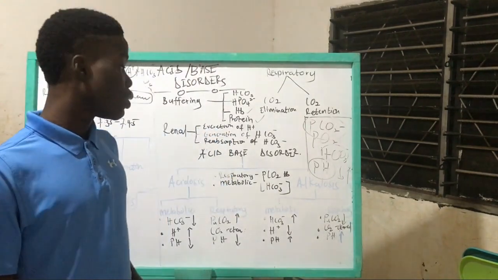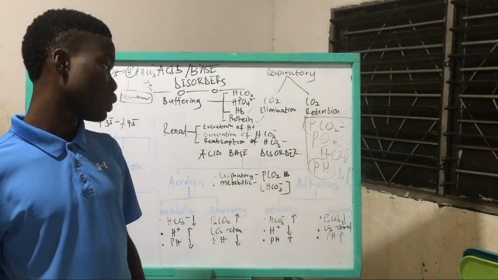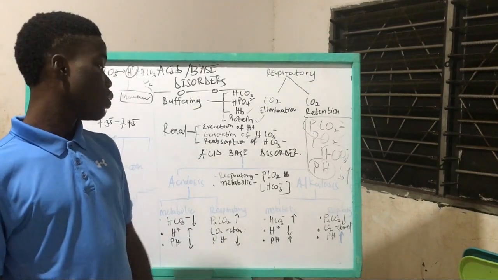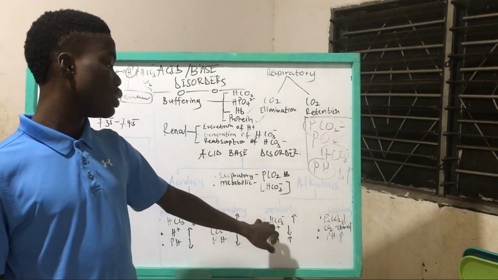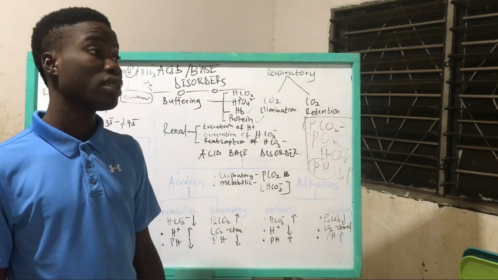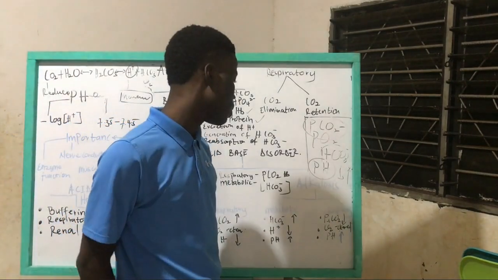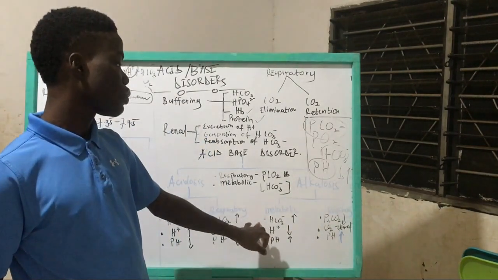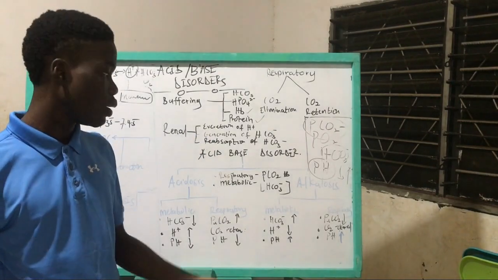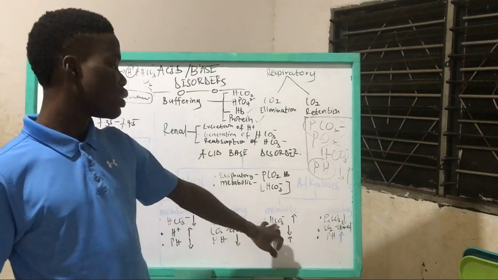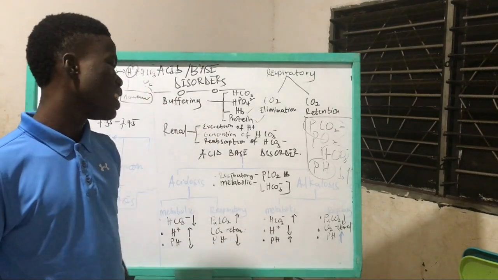So how are we going to know whether it's metabolic or respiratory? The same thing. Once you see that there is hydrogen carbonate, you have to know that it has something to do with metabolism or metabolic.